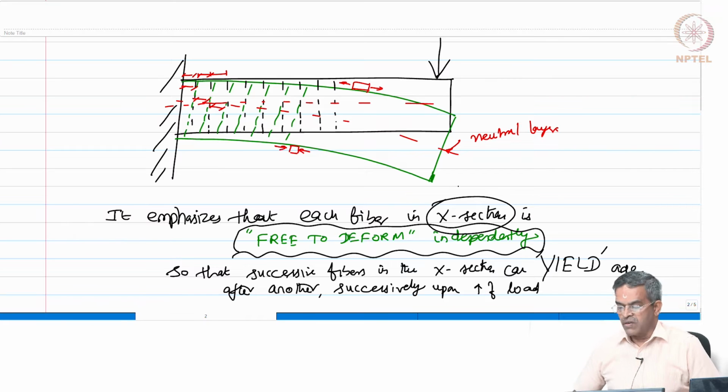Every fiber in the cross section is permitted to do anything they want freely. They are independent. They can deform independently. They have full freedom. And this freedom enables successive fibers in the cross section to keep on yielding one after another when you gradually increase the load. Okay, that is an assumption we make, and that is how it is implemented.